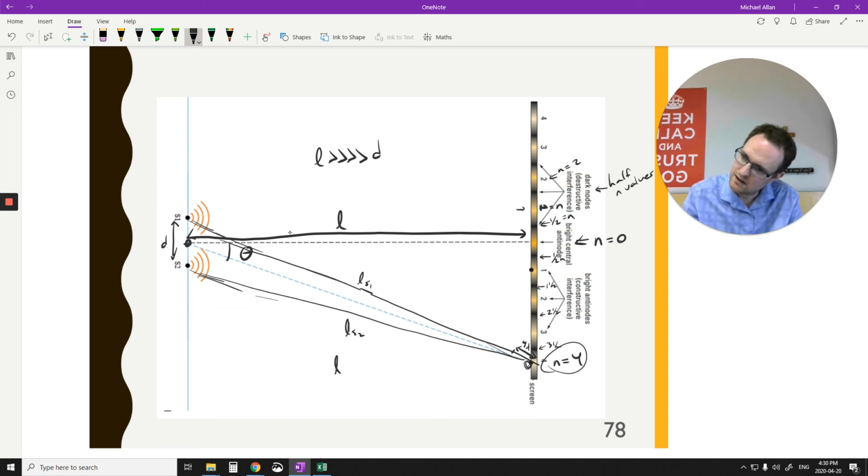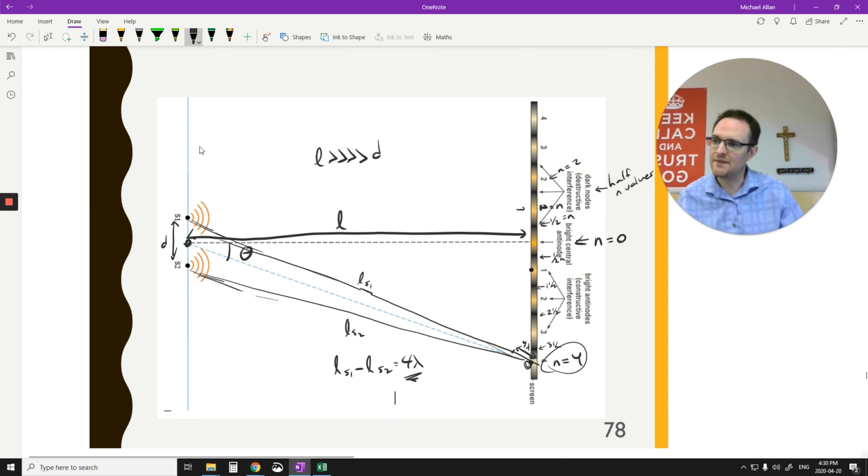Now, if I go LS1 minus LS2, I should get 4 wavelengths in length, because that is the fourth bright spot. If I go down to 1, that would be 1 wavelength, 2 would be 2 wavelengths, 3 would be 3 wavelengths longer. So this would cause constructive interference. That's going to be important for later on too.